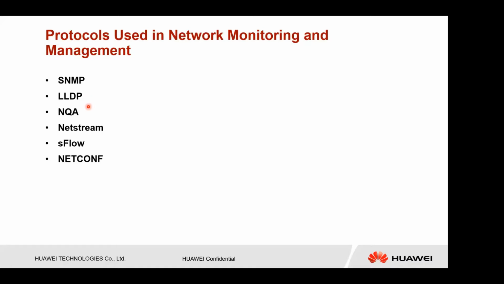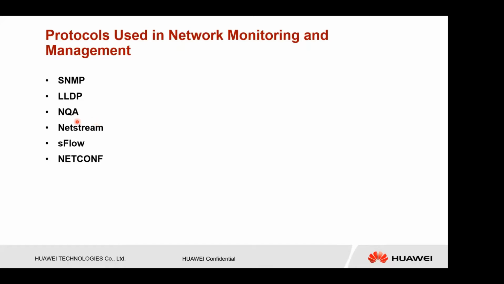We also have NQA, Network Quality Analysis. NQA is a mechanism we use to detect, for example, if we have any delay, jitter, or packet loss in our network. The fourth one is NetStream. Basically, NetStream is a Huawei application which we use to analyze the traffic based on the statistics collected.